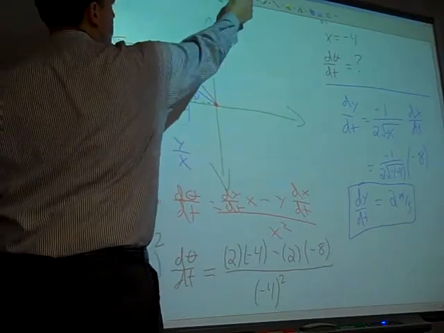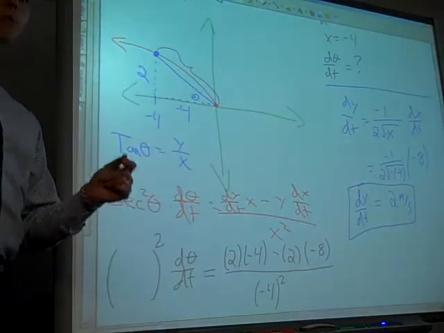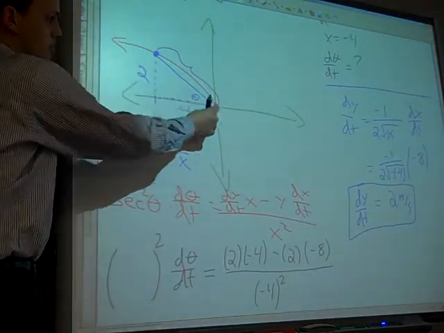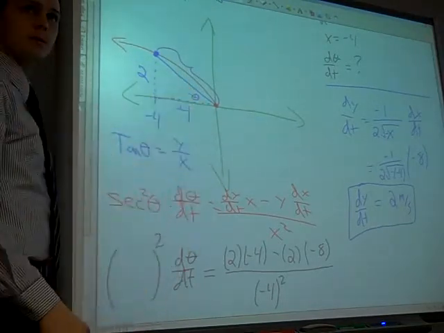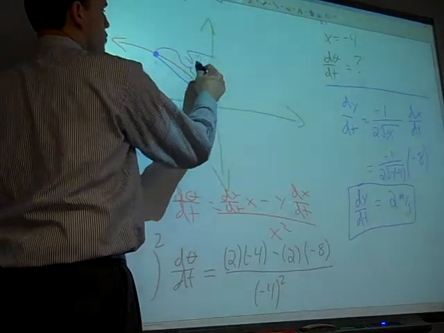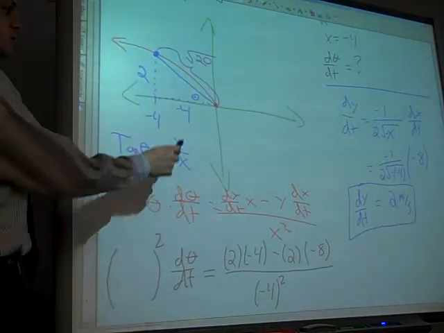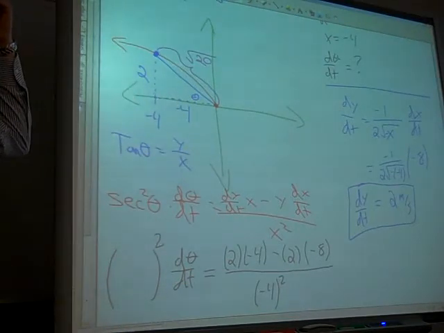So by the Pythagorean theorem, the hypotenuse at this particular moment in time is the square root of 20, or 2√5. Because 16 plus 4 is 20. It's like taking a snapshot, because the particle is actually moving.